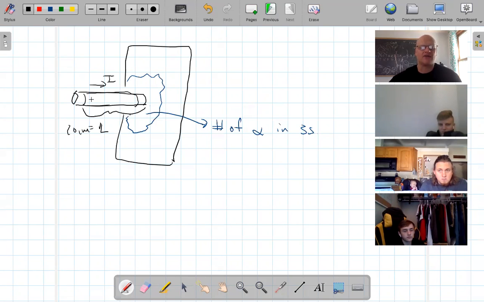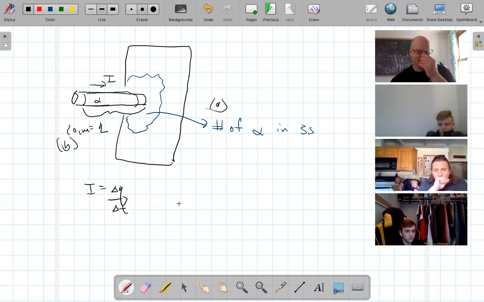Basically, for both part A and part B, you're just playing with the definition of current, where current is equal to the change in charge divided by the change in time. Both of these parts are asking for nifty ways of rewriting the change in time, basically.